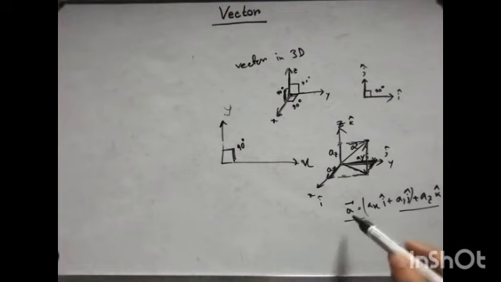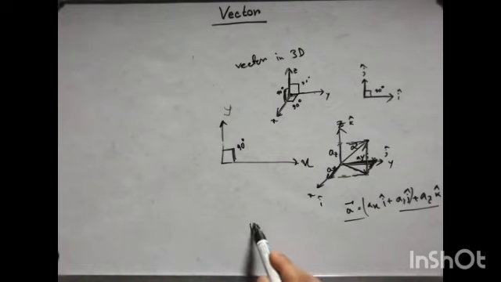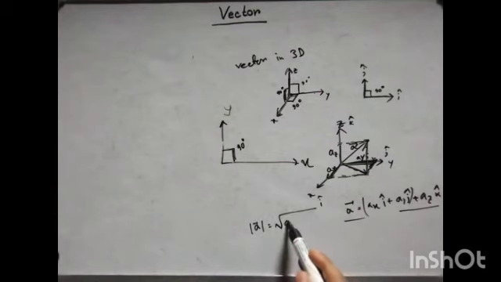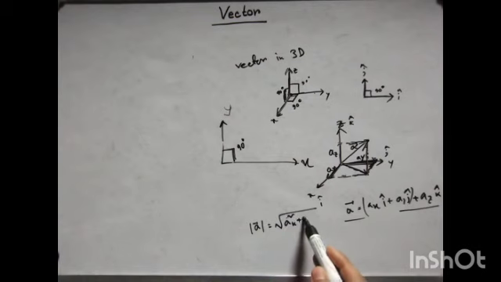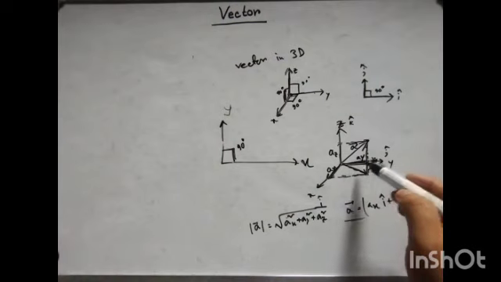And the magnitude of vector a will be root over ax square plus ay square plus az square. Why so?